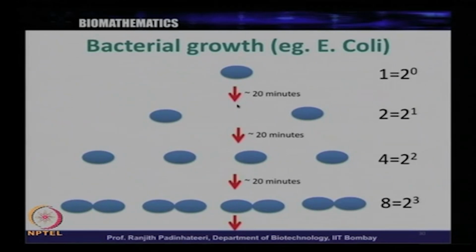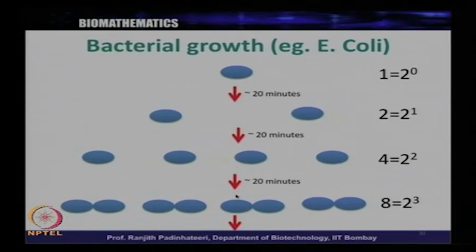In about 20 minutes, they divide into 2 cells. This is the first generation, 2 power 1. So, you have 2 cells. In another 20 minutes, each of these cells divides into 2. So, you have 4 cells. So, the second generation is 2 power 2, 4 cells.